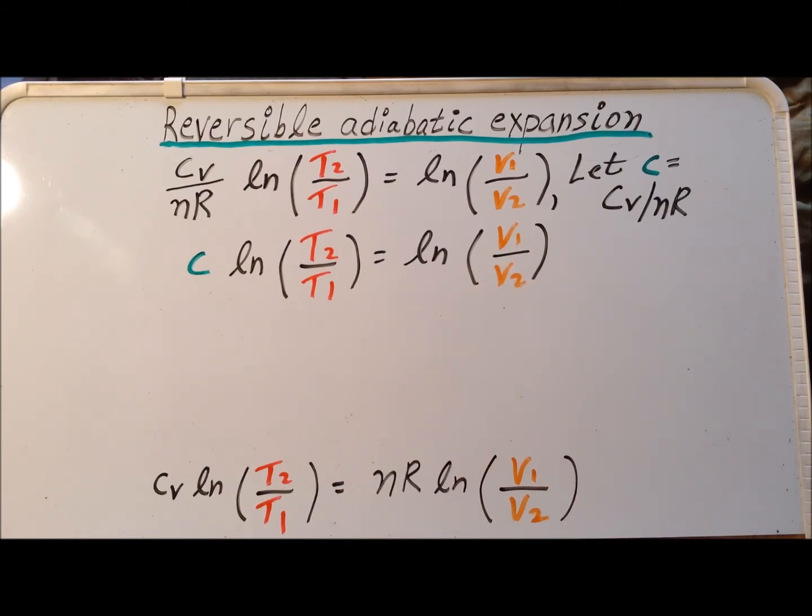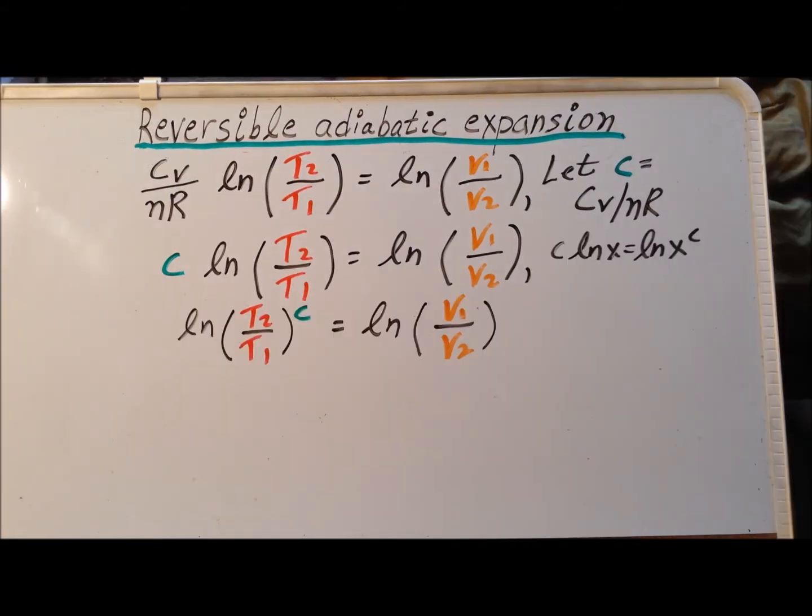And now we're going to make use of another property of logarithms, that if I have a coefficient in front of the log, I can bring the coefficient as an exponent. So we use this property that a constant times the log of x is equal to the log of x to the c power. That gives us the natural log of T2 divided by T1 to the c power is equal to the natural log of V1 divided by V2.